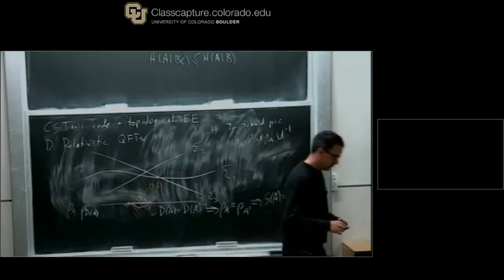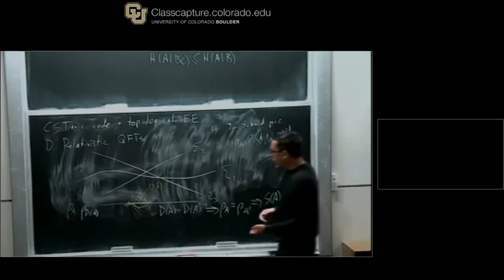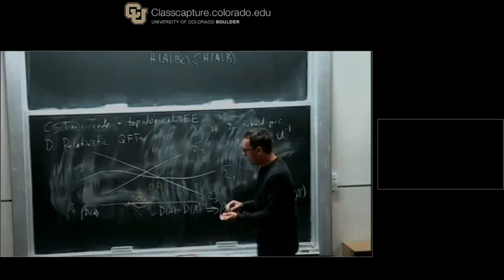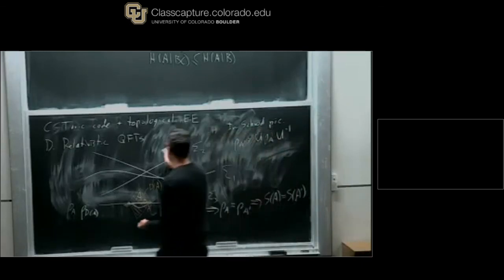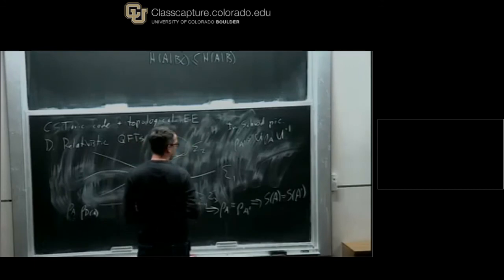What does it mean in the Heisenberg picture to choose a different Cauchy slice? In the Heisenberg picture, it really doesn't mean anything. But the reason you care, you could say, well, in the Heisenberg picture, why don't I just choose some random region of space-time?